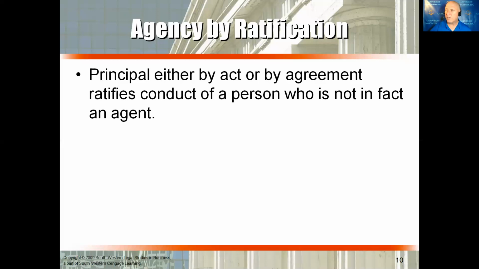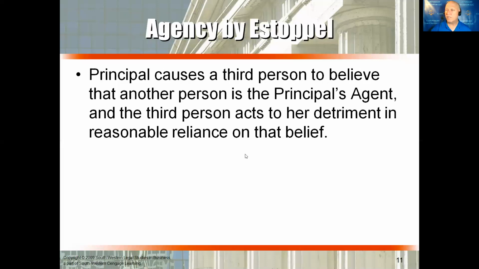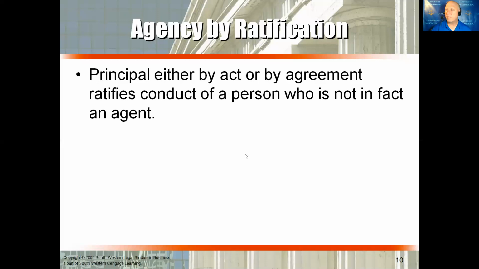Now, the interesting thing on an agency by ratification is that it's an all or nothing kind of deal. I thought it was part of that next PowerPoint slide, but apparently it is not. You can't ratify a part of the deal. You've got to either ratify all of it or none of it. So if you came back to me, you told me that you entered into an agreement to buy 2,000 pounds of fertilizer, and I said, I'll take 500.